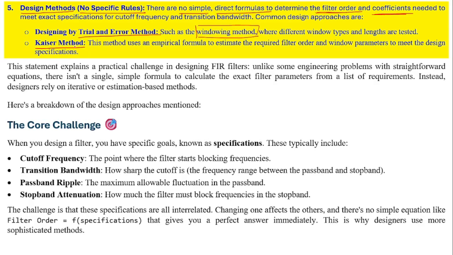On the other hand, in the Kaiser method, we also need a window, but the characteristics of the window are determined from the cutoff frequency, transition bandwidth, pass band ripple, and stop band attenuation.